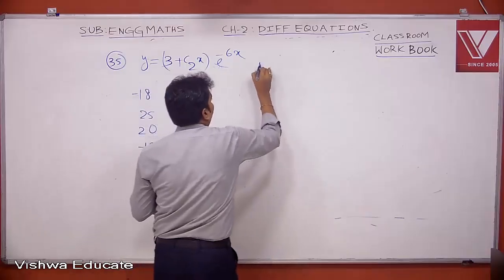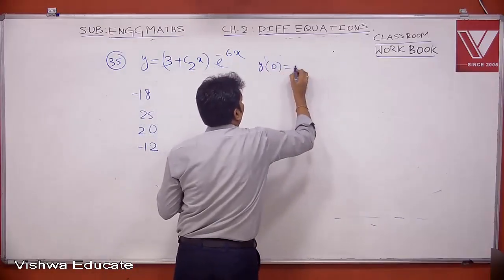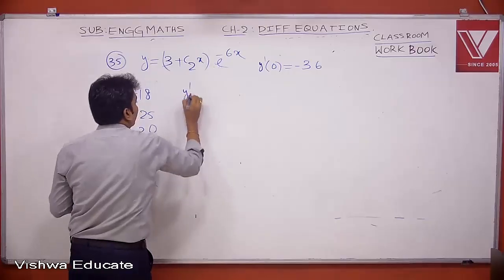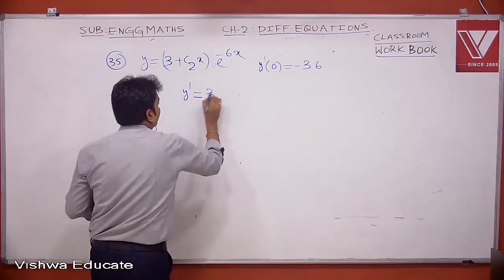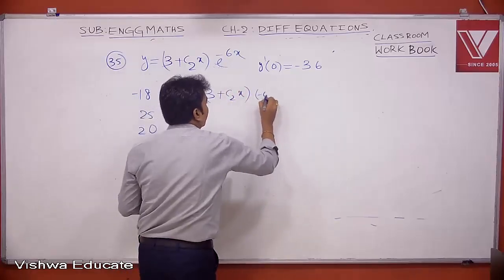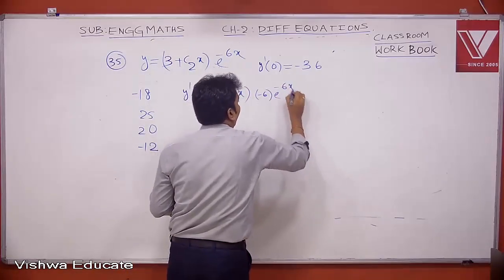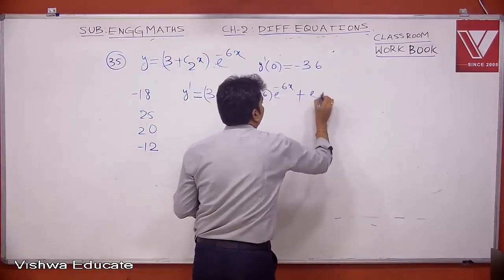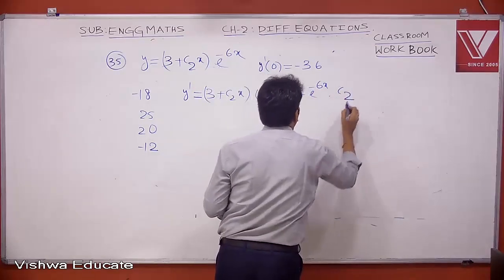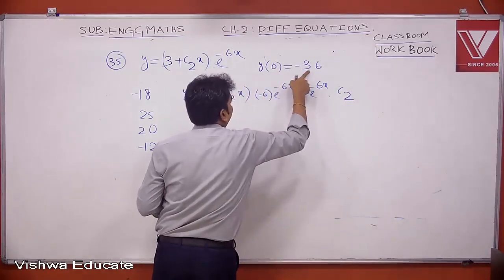The second boundary condition is y dash of 0 equal to minus 36. Now apply the derivative y dash. Let us apply the product rule. So this is 3 plus c2x into the derivative of this, minus 6 into e power minus 6x, plus e power minus 6x into the derivative of this, which is c2. Now y dash of 0 is minus 36.